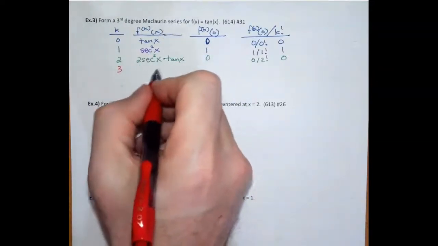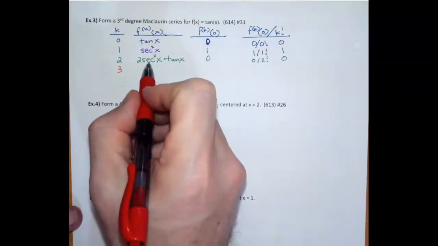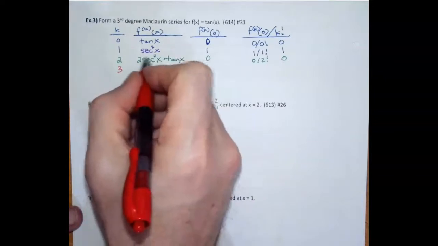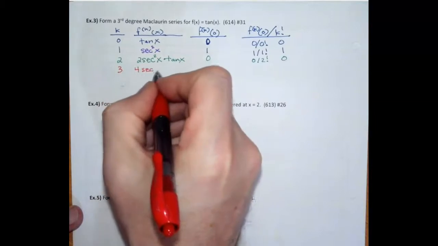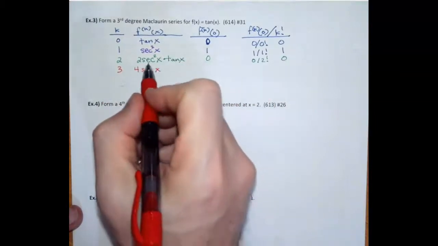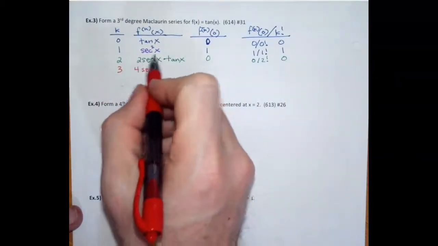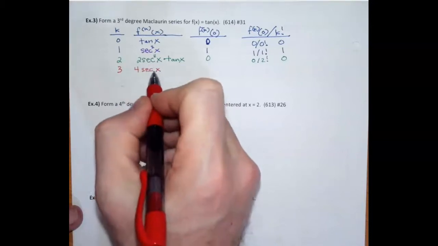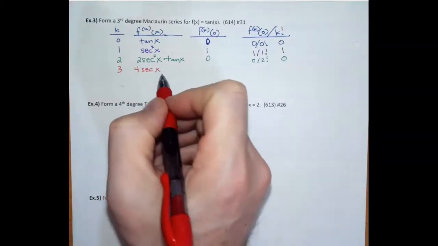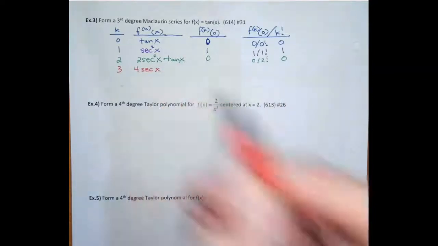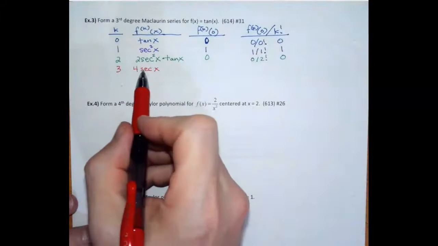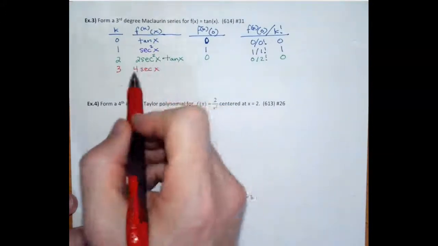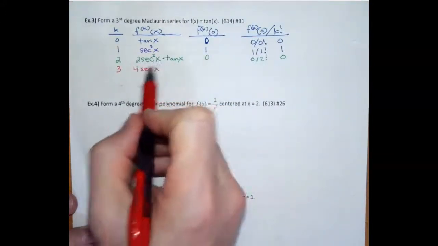So the third derivative here, let's see, this is the product rule, so that just got a little trickier on us. So this is going to be the derivative of this, which is going to be 4 secant x times, we're going to use the chain rule, the derivative of secant, which is secant tangent. Alright, so one more time, I just wanted to pause for a second. So this is a little bit tricky. So we have the product rule here.